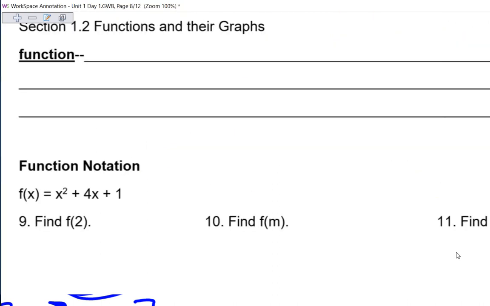Okay, definition time. Now, that was all for section 1.1 of your textbook. Moving on to section 1.2, we're starting off with the definition for a function. And let me get out my resource here so that I give you the textbook definition.